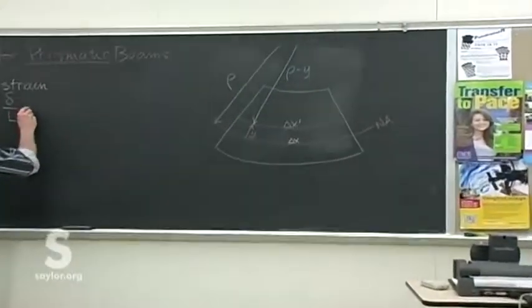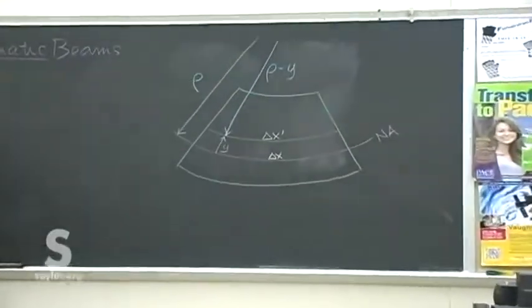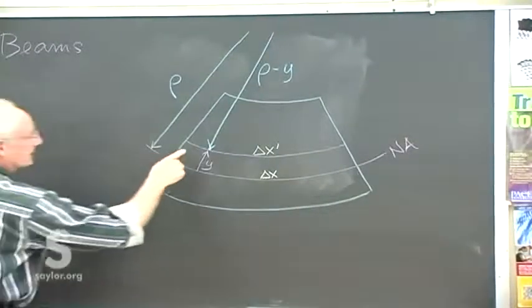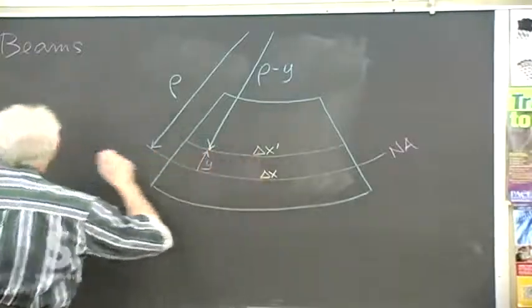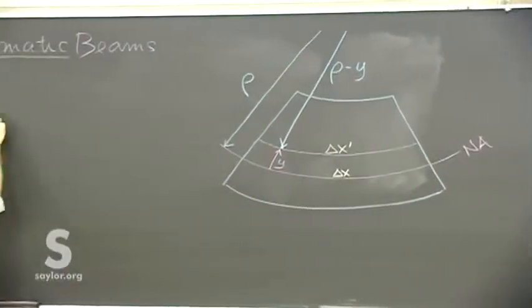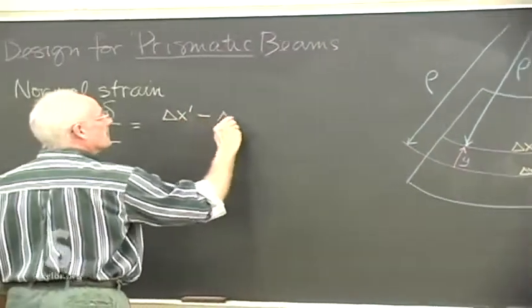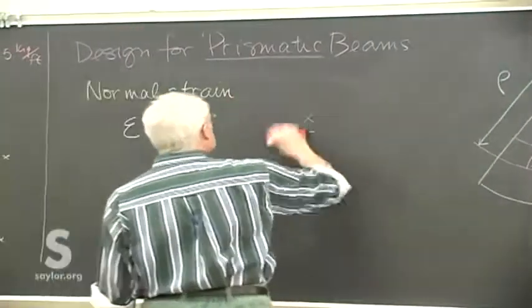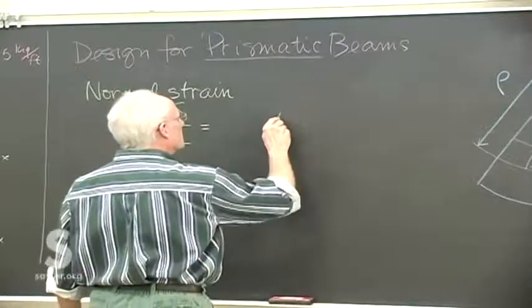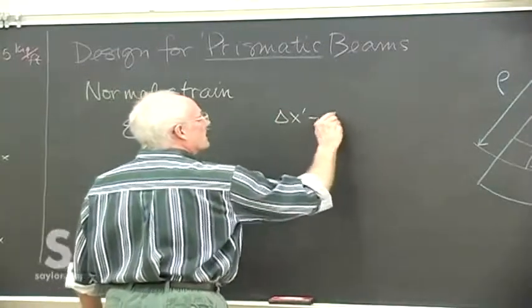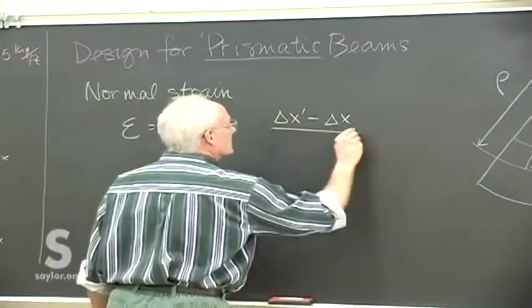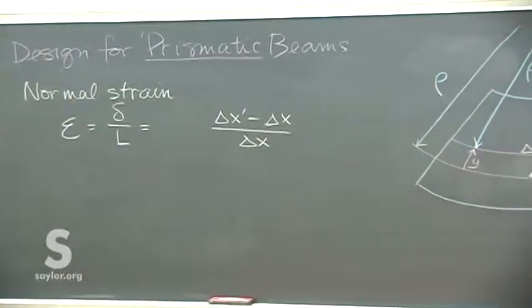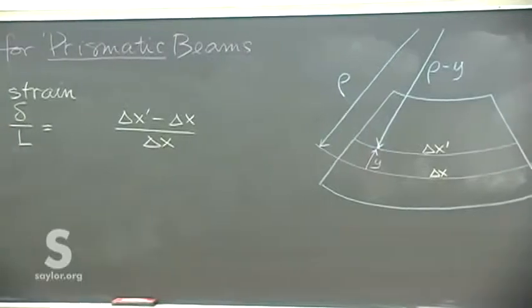For us here, the deformation is delta x prime minus delta x, over delta x, because that was the original length of my little section.